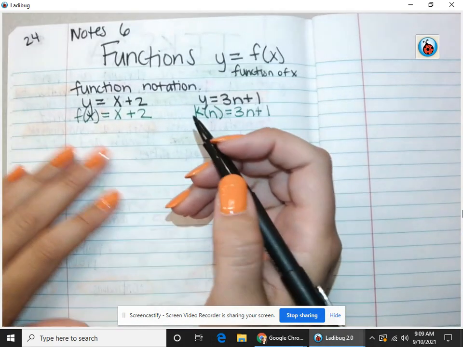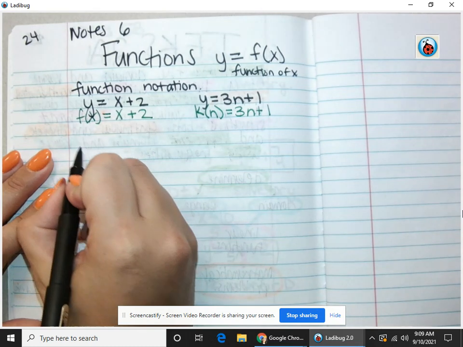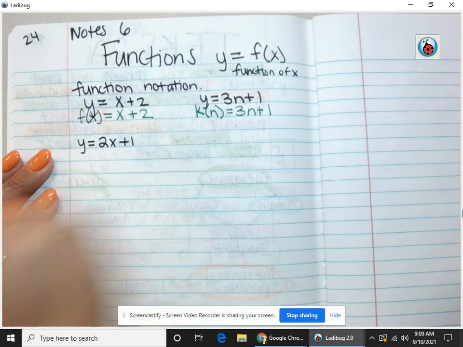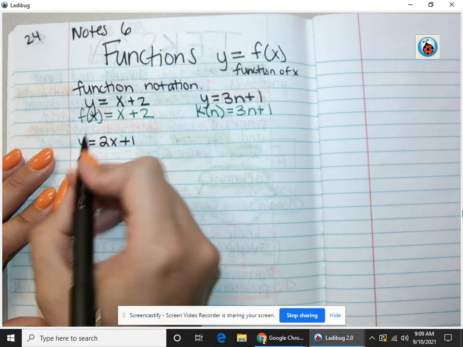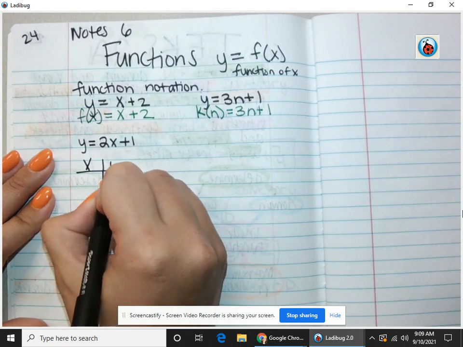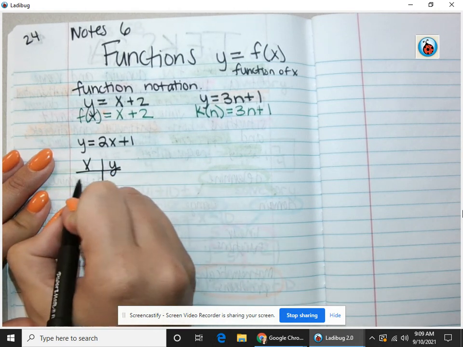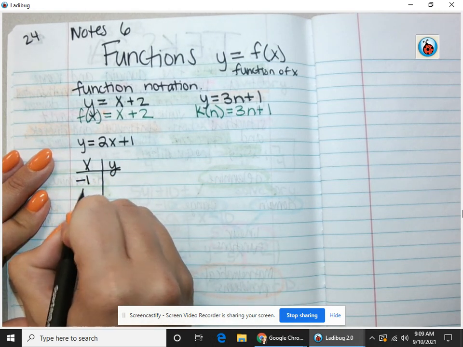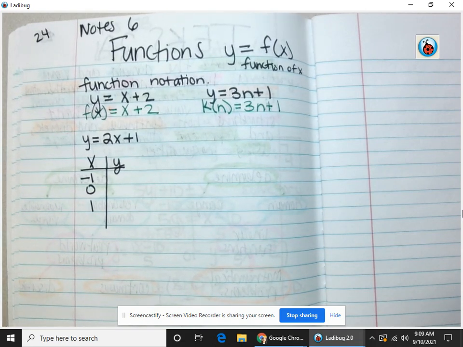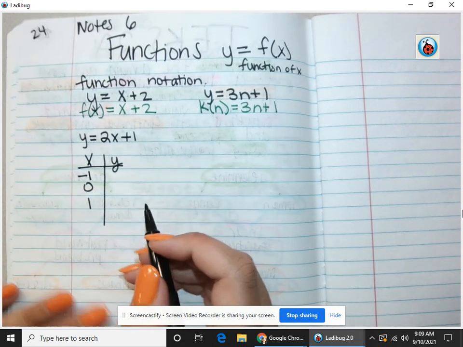Okay, so let's create a table of values. If I have y equals 2x plus 1, I've got my x values: negative 1, 0, 1, and 3.